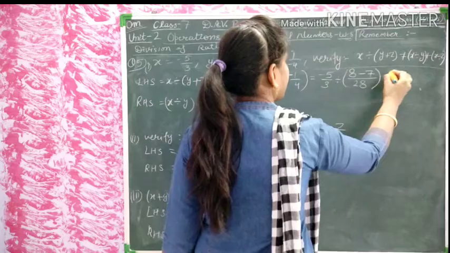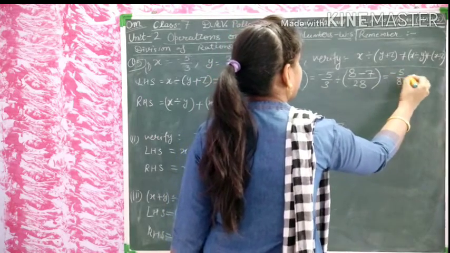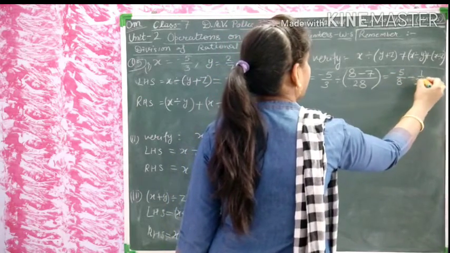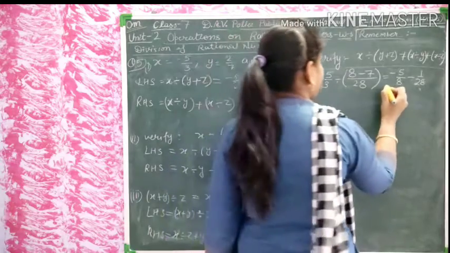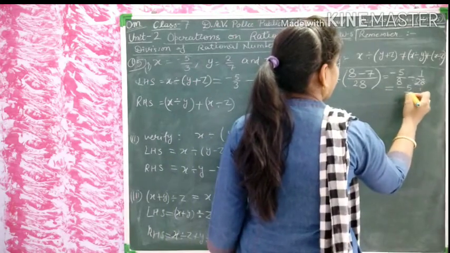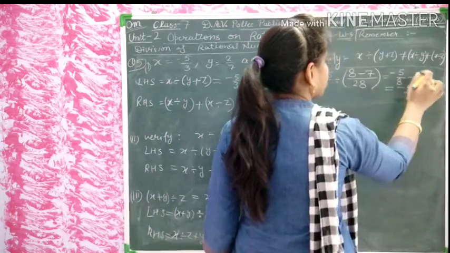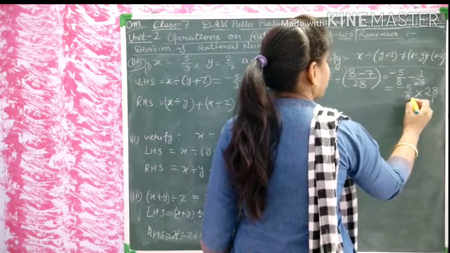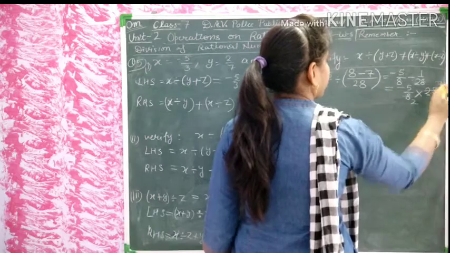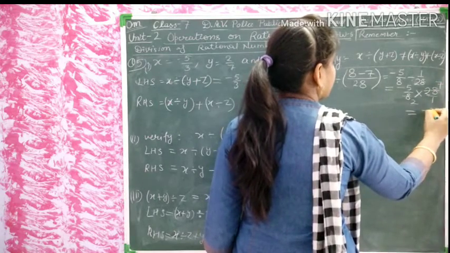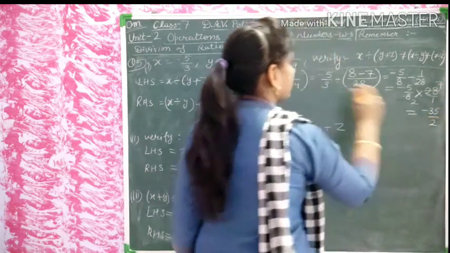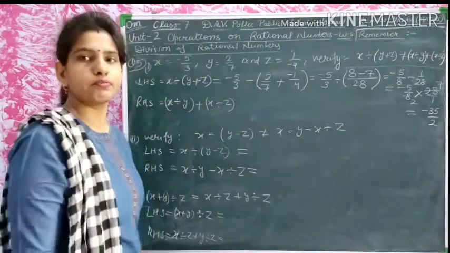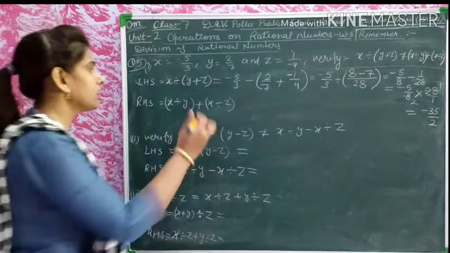Now we get minus 5 by 8 divided by 1 by 28, and it becomes minus 5 by 8 into the reciprocal of this number, 28 by 1. 4 2s are 8, 4 7s are 28, and this gives minus 35 by 2. This is the LHS side here. Okay students, this is the LHS side.